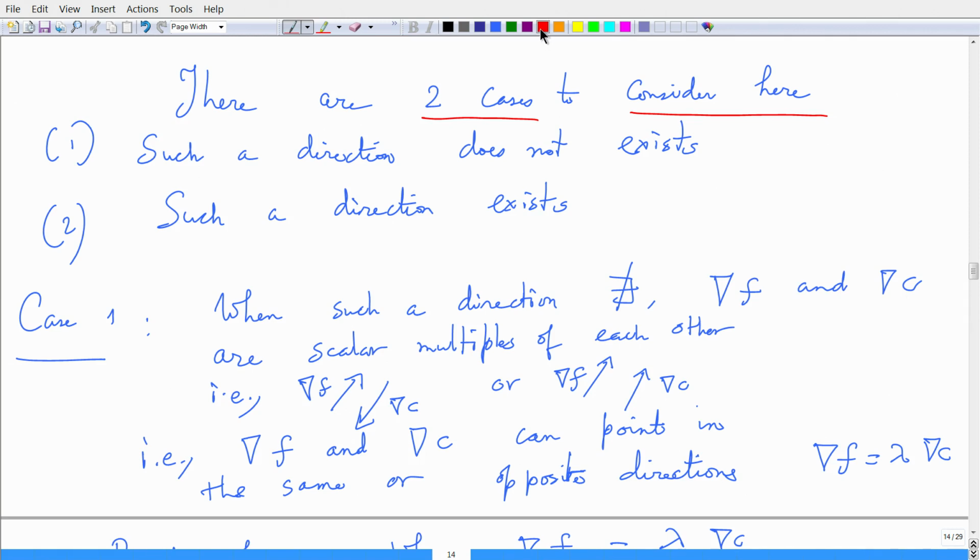So what this implies is del F is some lambda times del C. And this picture was clear when we looked at minimizing x1 plus x2 subject to x1 and x2 lying on a circle.